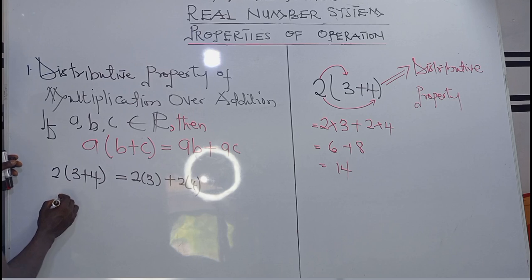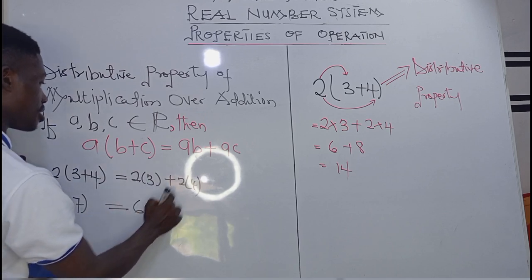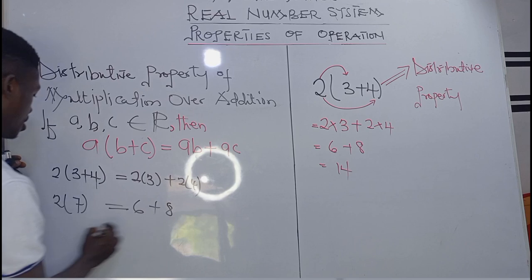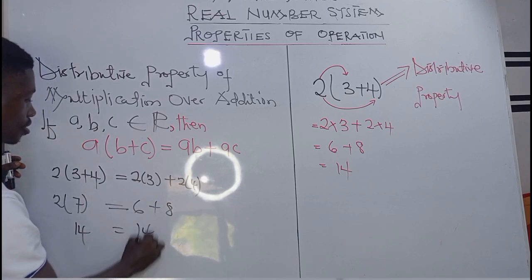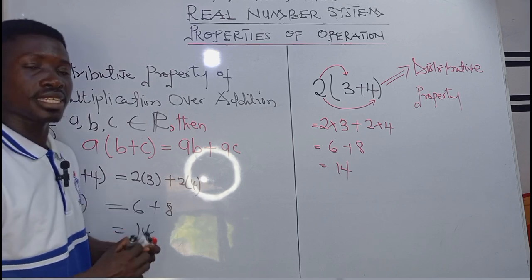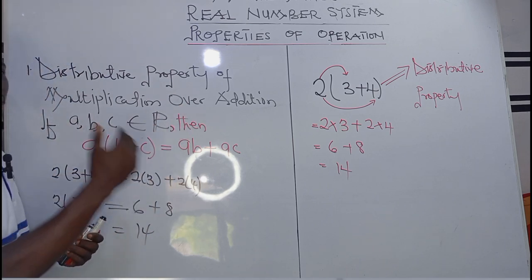4. So if we are to solve this, we are going to get 2, 3 plus 4 give us what? 7, right? Then we have 2 times 3 will give us 6, 2 times 4 will give us what? 8, 2 times 7 will give us 14, and this is what? 14. So we call this the distributive property of multiplication over addition.